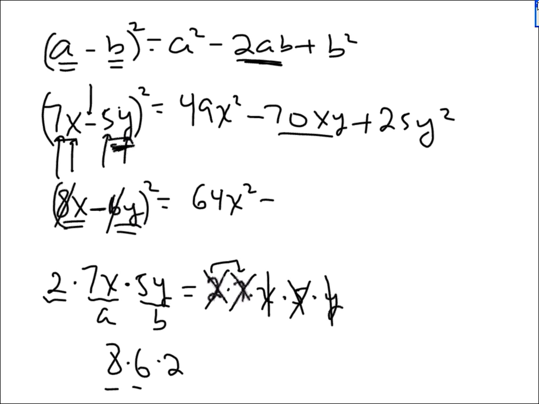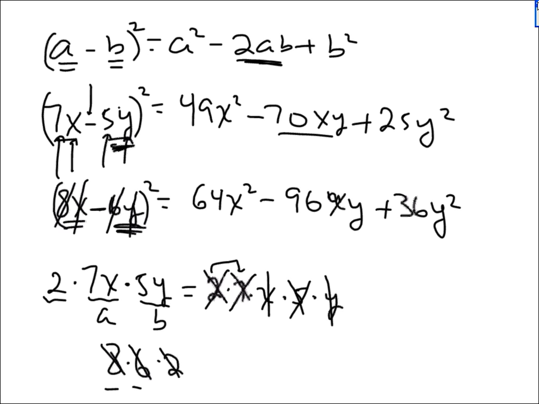You should know that, because those numbers are each less than 12. But you may not know what 48 times 2 is because you didn't learn the 48 table. But what do you know? 6 times 2 is 12. 12 times 8 is something we're supposed to know. That's 96, times x times y. Plus 6y all squared, 6 squared, y squared. There's the answer. You should just be able to read off the answer practically.